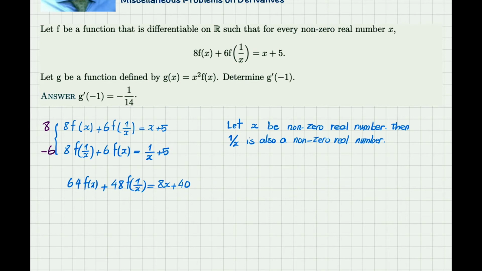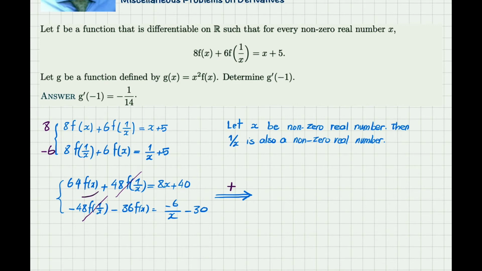In the next line it becomes minus 48 f of 1 over x, then minus 36 f of x, and on the right it becomes minus 6 over x minus 30. It is now seen that I can immediately add these two. If I add these equations side by side, this one and that one are totally gone.